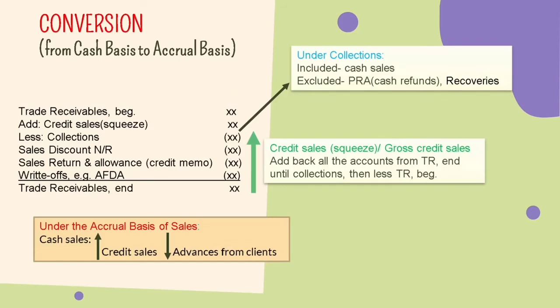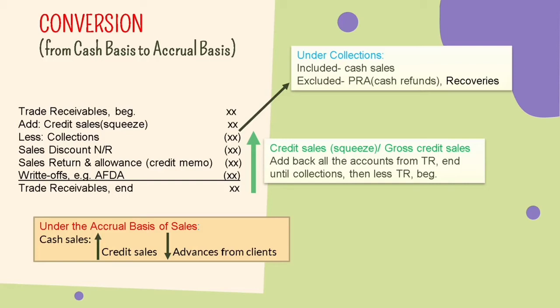So here is the conversion of cash to accrual basis of accounting under the sales. Trade receivables at the beginning are simply the total accounts receivable and note receivable at the beginning balance. Kasi ang trade receivables ay nag-exist lang kapag nakapagbenta na or through sales. And all accounts from beginning are last year balance, therefore all accounts from ending are this year balance.